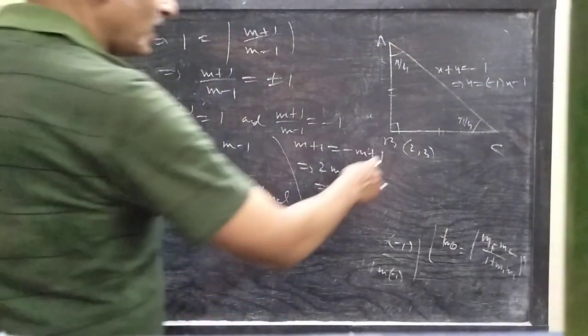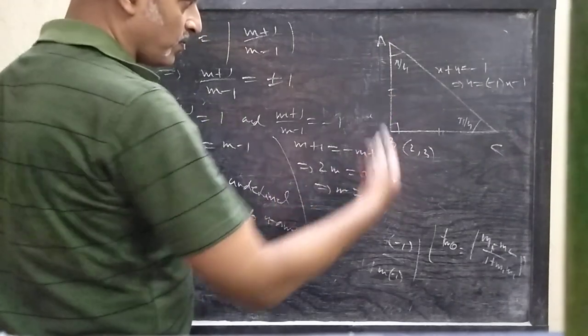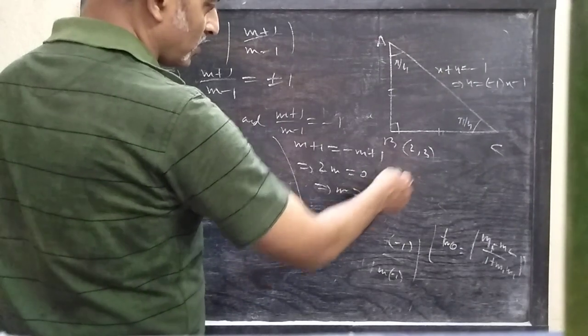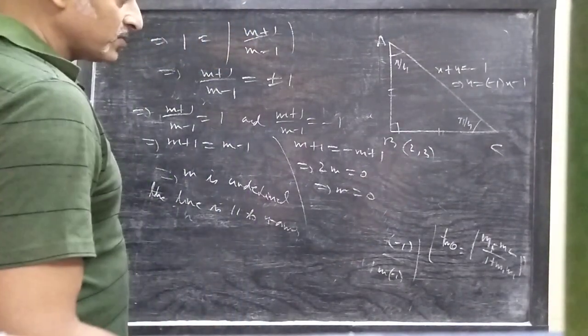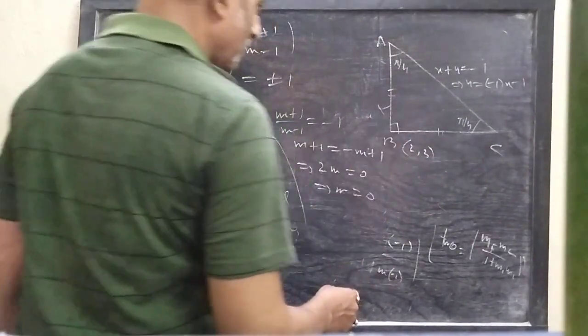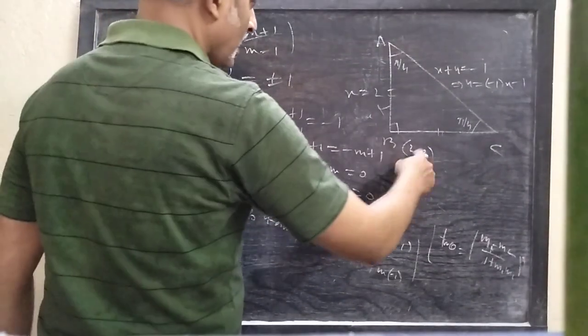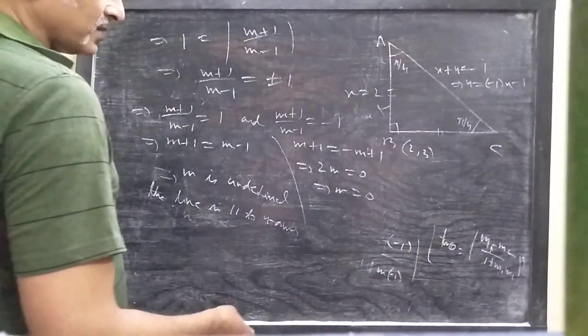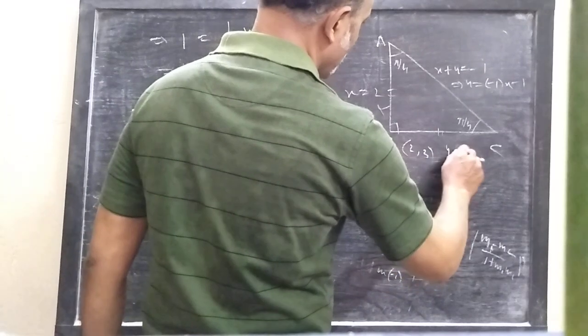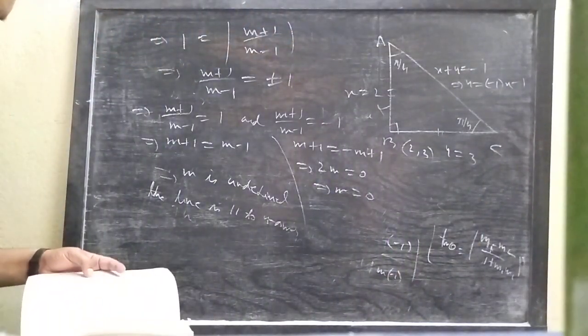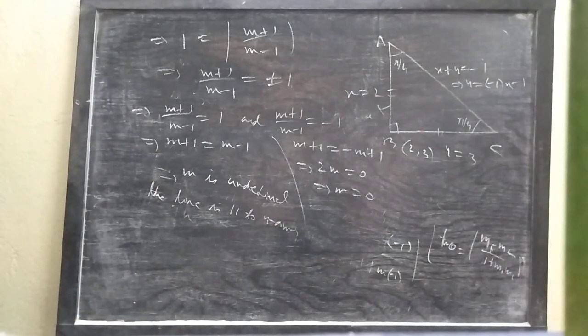So one line which passes through (2, 3) is parallel to the y-axis. Another line is passing through the point (2, 3) and parallel to the x-axis. So if this is parallel to the y-axis, then its equation will be x equals 2, and if this line BC is parallel to the x-axis, then its equation will be y equals 3. These are the equations of the sides, x equals 2 and y equals 3.